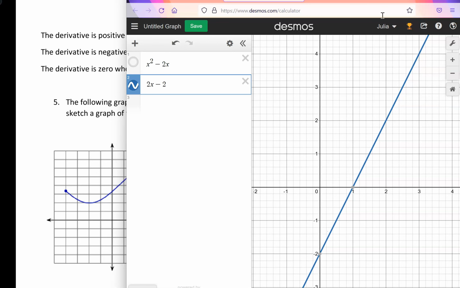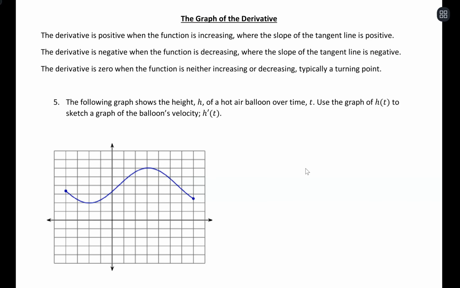So the derivative is the slope of the tangent line, and the derivative is positive when the function is increasing. If our function has a positive slope, the slope of the tangent line is positive, so the derivative is positive.